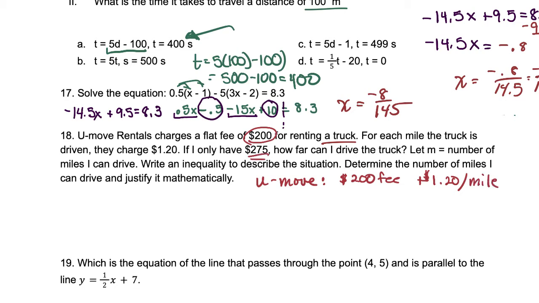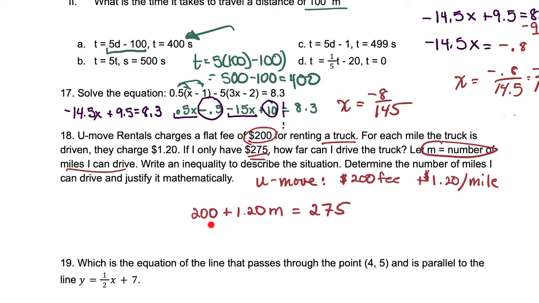If you only have $275, how far can you drive the truck? Okay, so the cost to drive the truck is $200 plus 1.20 times, it says here, let m equal number of miles, times m, equals, it could equal up to $275. So we'll go $275.